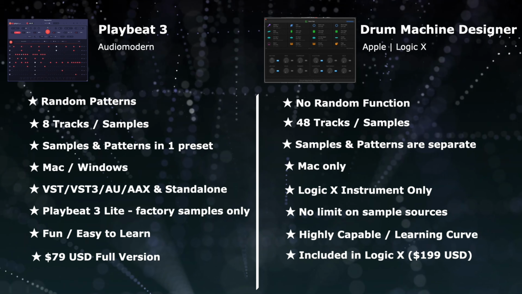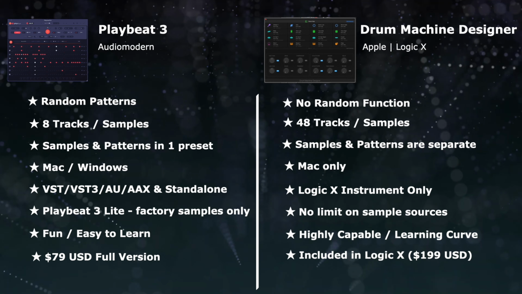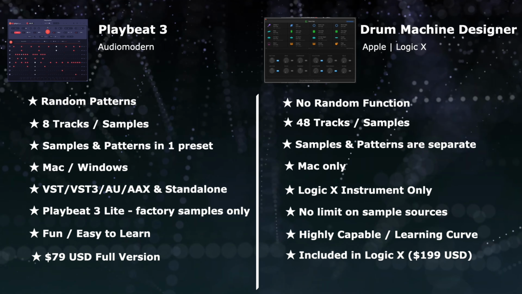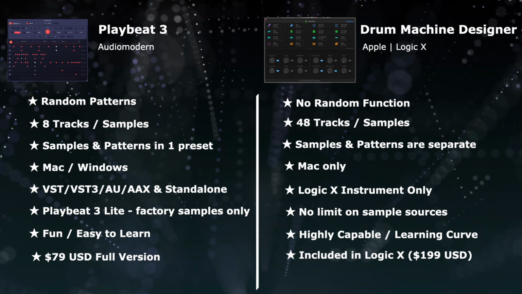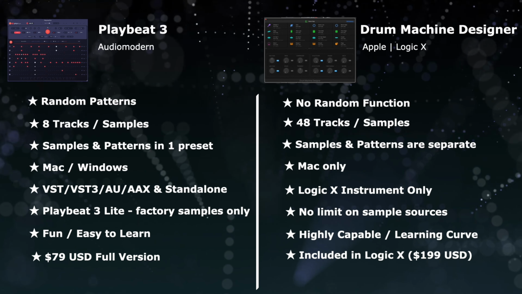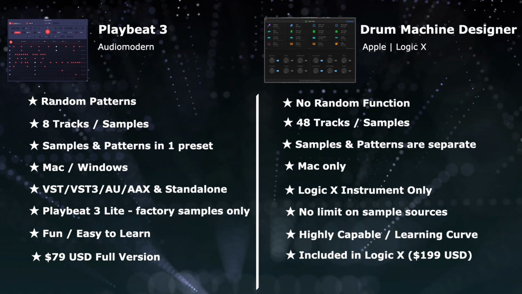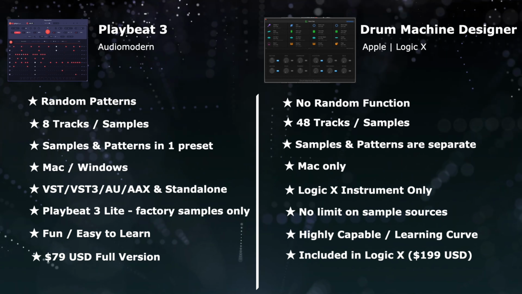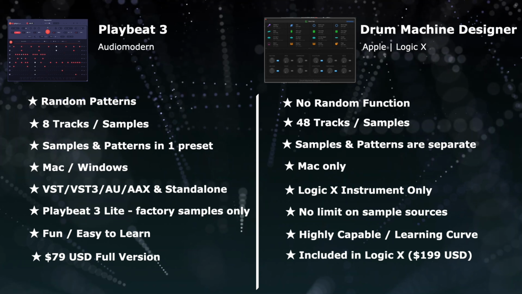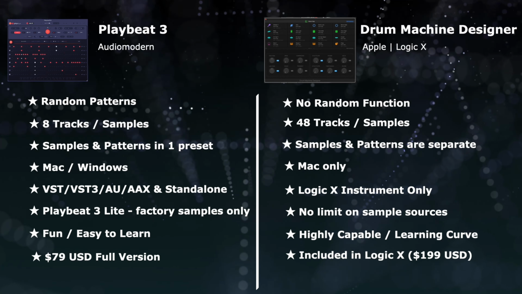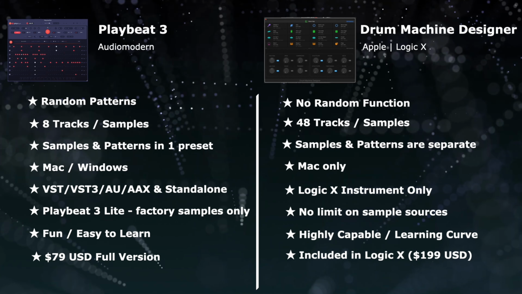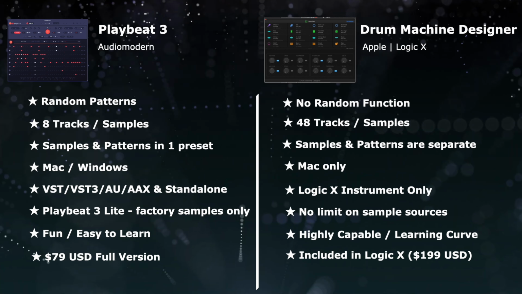I think the primary benefit of Playbeat is this random pattern generator. So rather than pick a bunch of predefined patterns, you're letting the app pick and choose based on your likes and preferences. And in Drum Machine Designer, you're very much picking patterns from a set list. So it's a little bit old style. Playbeat has 8 tracks or samples at a time.